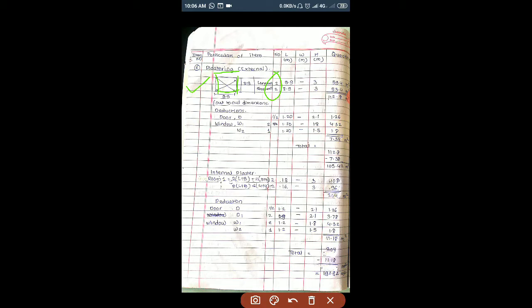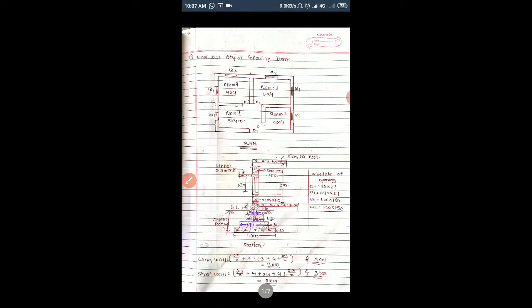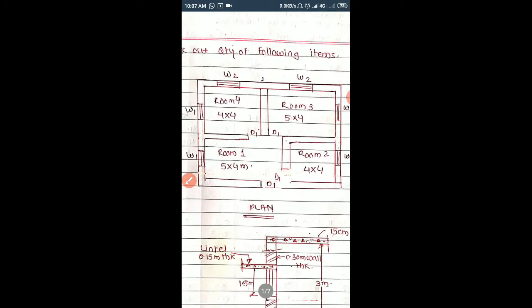Now the main thing in the brickwork, as in brickwork, there is a reduction in the plastering work also. So there is the highlighting part of this reduction in the plastering. For doors and windows, just consider the plan once again. This door D1, we have to consider in the external plastering, and similarly in the internal plastering, only this main door.